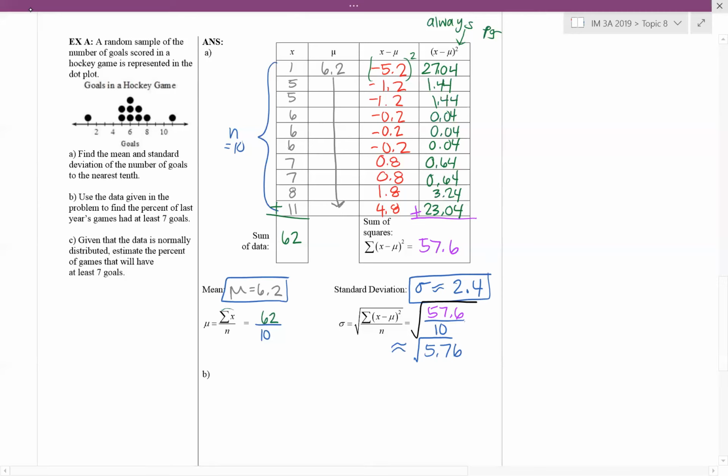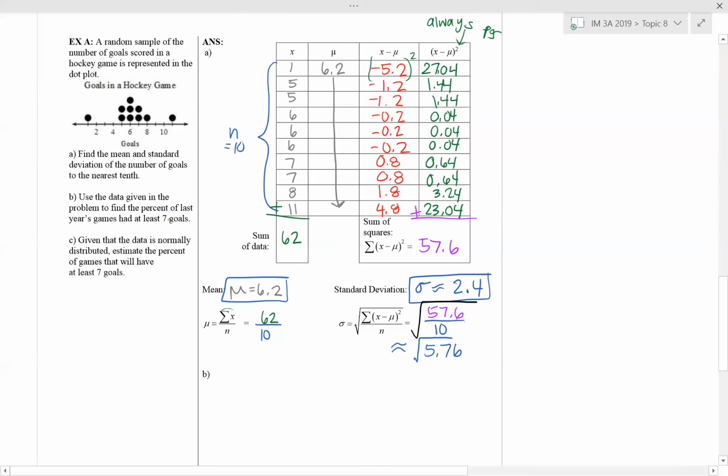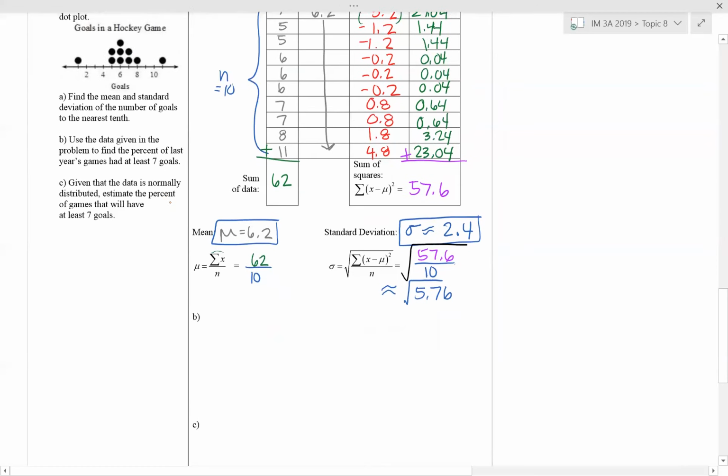Use the data given in the problem to find the percent of last year's games that had at least 7 goals. So we want to find 7 or more, which is what at least 7 goals means. So that would be these values: 7, 7, 8, and 11.